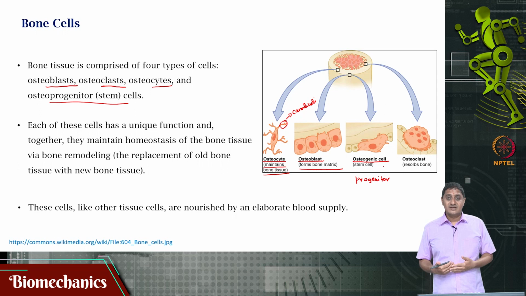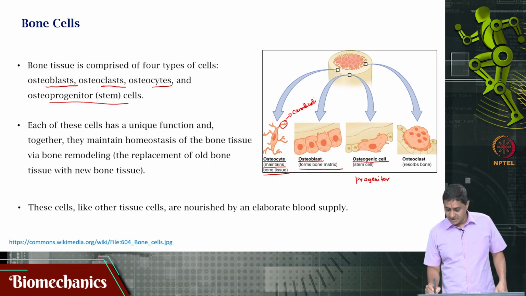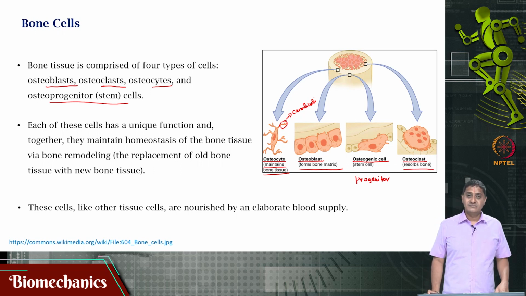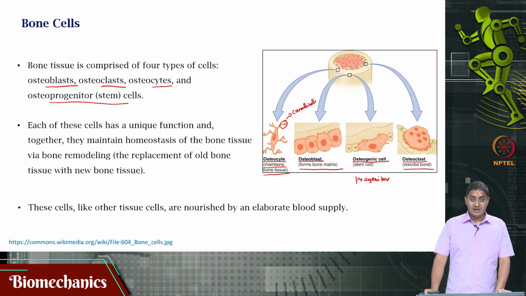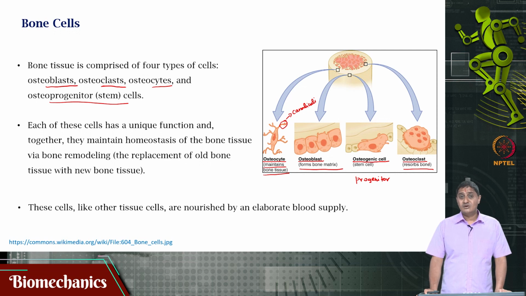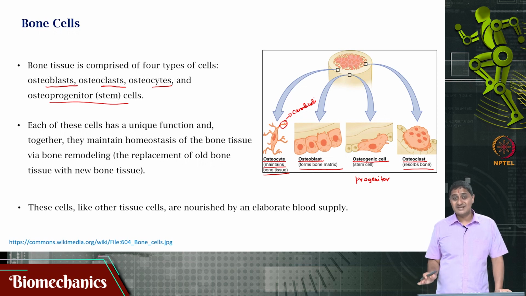Right. Then you have a special type of cell called osteoclasts. Please remember the distinction between blasts and clasts. Blast is what spreads around, clast is what absorbs. Osteoclasts are special bone cells originating from macrophages and monocytes, stem cells other than the osteoprogenitor cells.